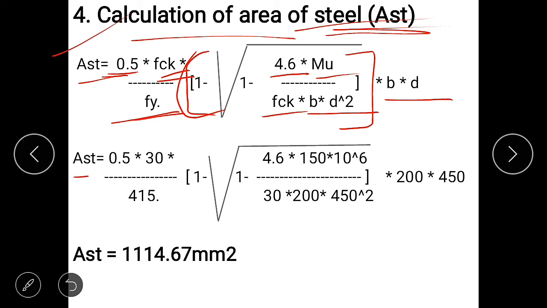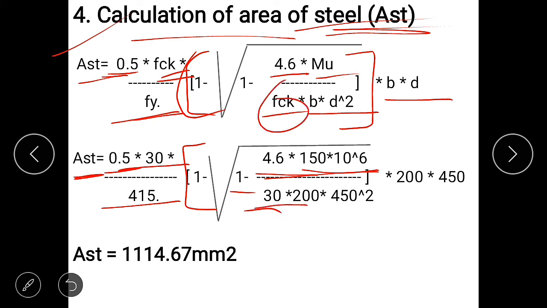Okay, so to calculate Ast: 0.5 fck, fck is 30, fy is 415, bracket 1 minus under root of 1 minus 4.6 Mu, Mu is 150 into 10 to the power 6, divided by fck which is 30, b is 200 and d is 450 square, bracket close, into b into d, where b is 200 and d is 450.